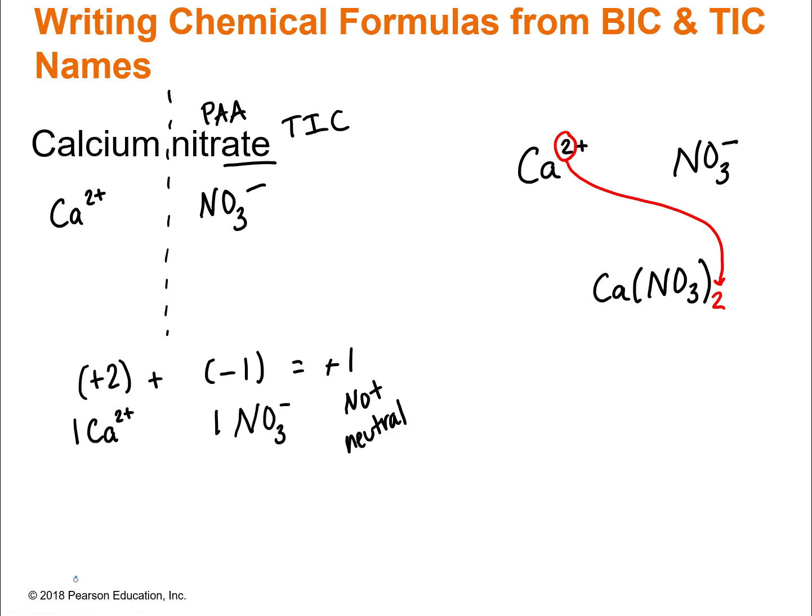Now, usually we would also say, well, you take that charge and put it here. But that charge is a 1. It's an implied 1. It's 1 minus. And we don't write 1s for subscripts.